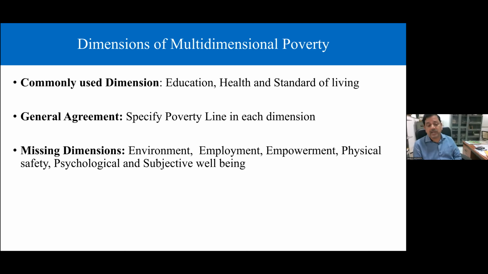That is where multiple deprivations come into account. Then what do we see here? We see some missing dimensions. Often we do not find these variables, which are no less important than the domains usually covered.